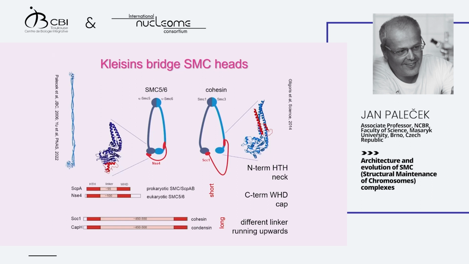We realize that there are some similarities and differences between different SMC complexes. For example, the prokaryotic kleisin molecules and the kleisin molecule of the eukaryotic SMC5/6 complex are short, while the cohesin and condensin kleisin molecules are pretty long.